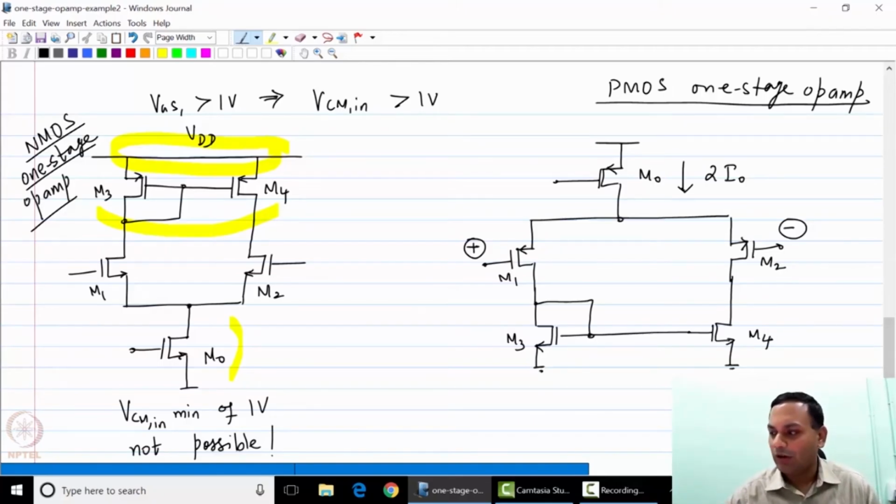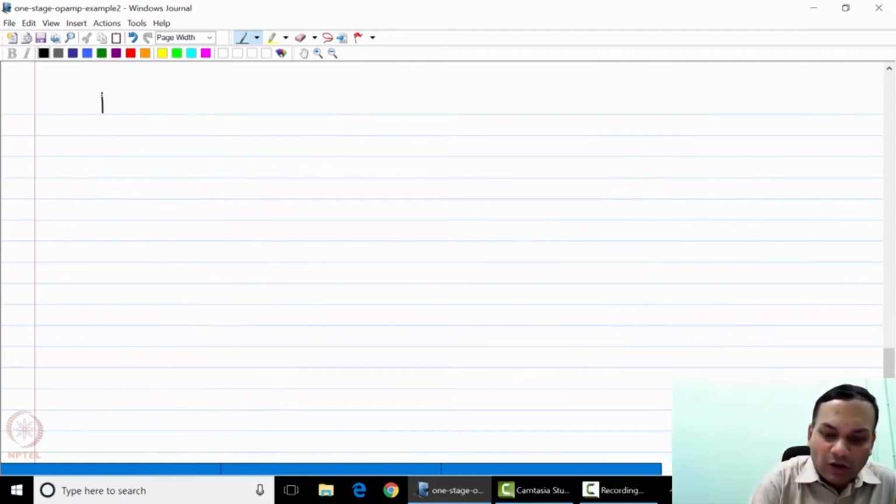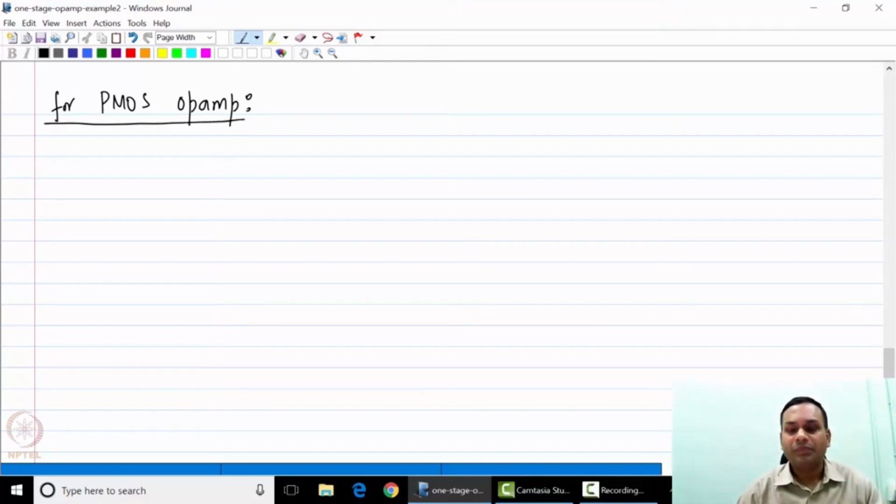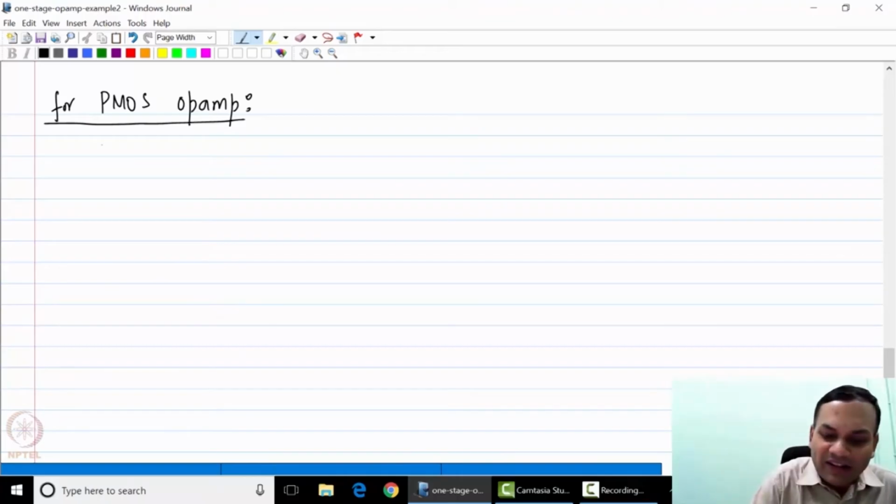So we are now going to look at the PMOS op-amp. For the PMOS op-amp, all the equations are valid, but we are specifically interested in the input common mode.